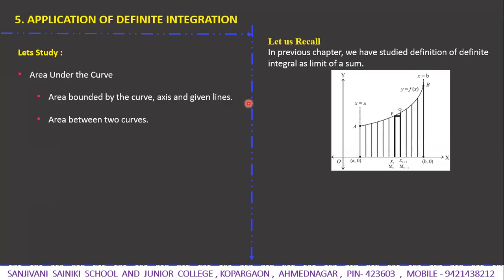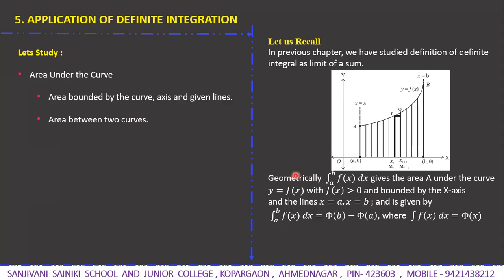So already we have studied in a previous chapter that we are finding the integrations, means we are finding the actual area under that curve, that is limit of sum. We have evaluated the integrals using limit of sum.